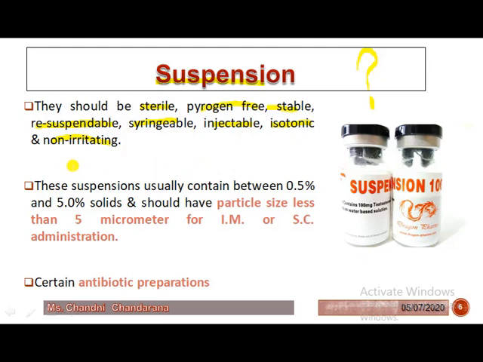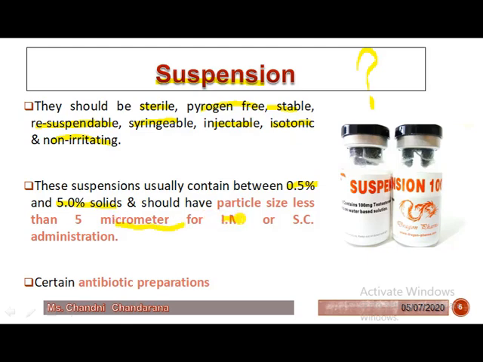Now, suspensions usually contain between 0.5% to 5% of solids. It means in the solution there should be 0.5 to 5% of solid, and it should have a particle size less than 5 micrometer for intramuscular.